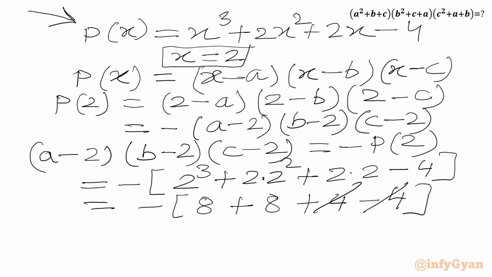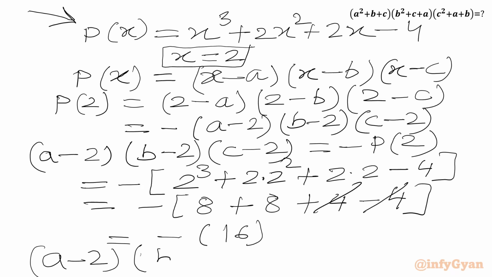Now plus 4 and minus 4 will cancel. We will get minus of 8 plus 8, which is 16. So the value of a minus 2 times b minus 2 times c minus 2 is equal to negative 16.